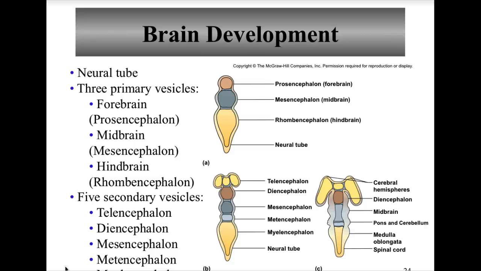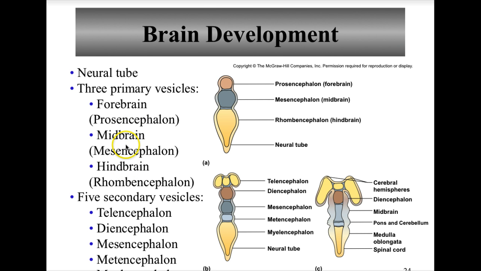In the embryonic neural tube, it's going to expand and hollow cranially, which eventually leads to 3 primary vesicles: the forebrain, midbrain, and hindbrain.